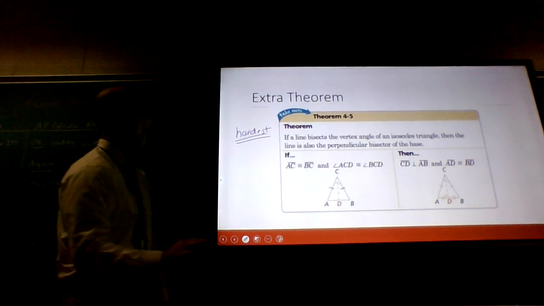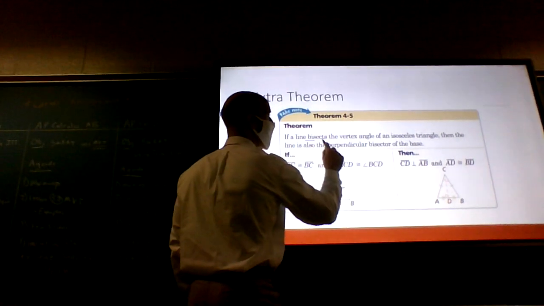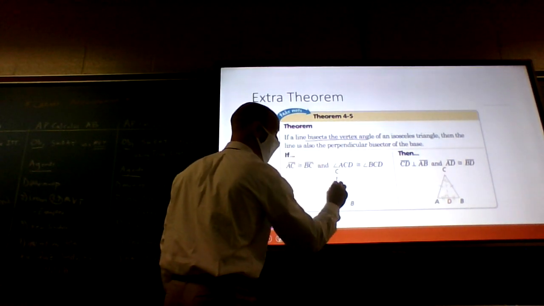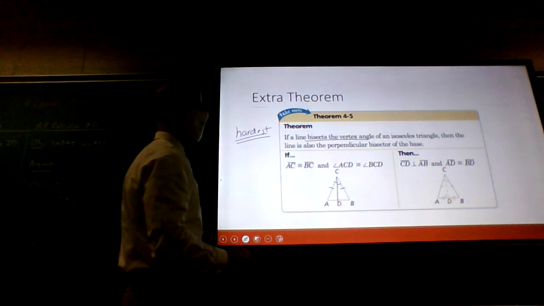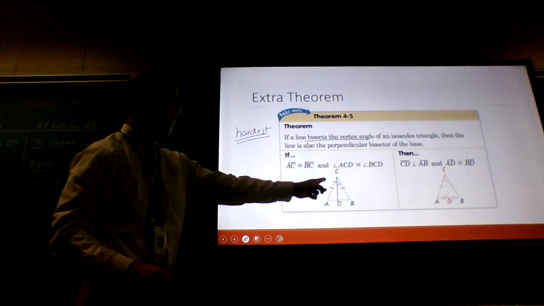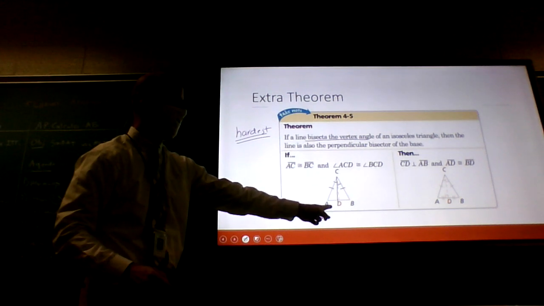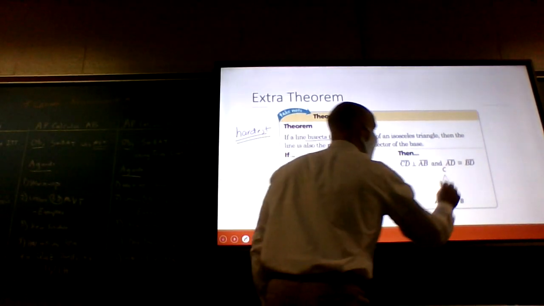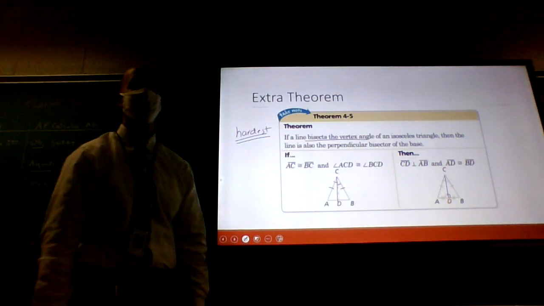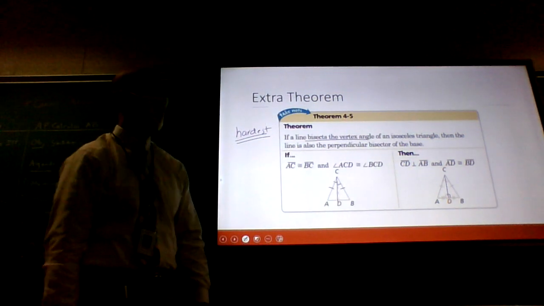It says, if a line bisects the vertex angle, which means it cuts it into two congruent angles, then two things happen. If this is an angle bisector of the vertex angle C, then this segment right here will be perpendicular to segment AD. That means it forms a right angle.